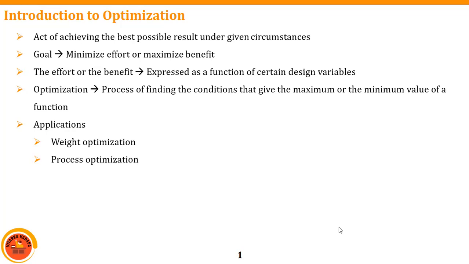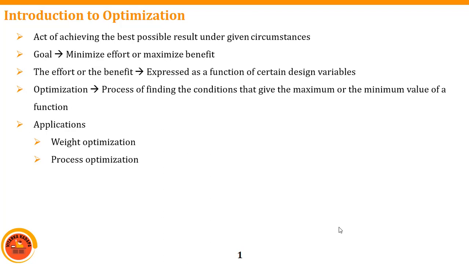Process optimization: the time taken for manufacturing a particular product has to be reduced. For example, in shipbuilding it takes a large amount of time to manufacture a ship, or in the case of defense equipment, it takes a large amount of time to manufacture that equipment.